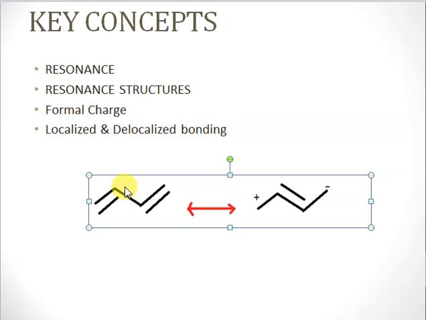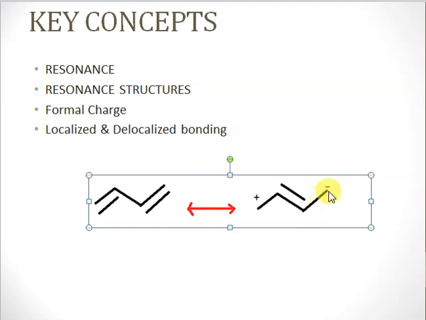So what we do is say that instead of drawing this simple structure to explain the structure of butadiene, we make use of 2 structures. In the first structure we have the double bonds between carbon 1, 2 and carbon 3, 4, and in another structure we say that there's also a double bond between carbon 2 and carbon number 3. When we are showing this double bond, we are not showing double bonds here, right?